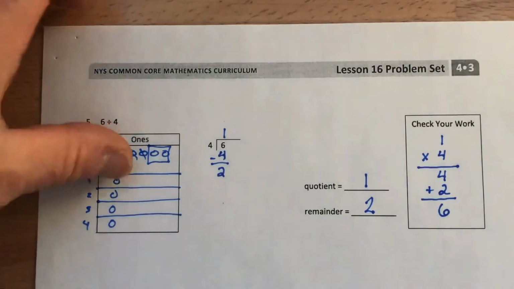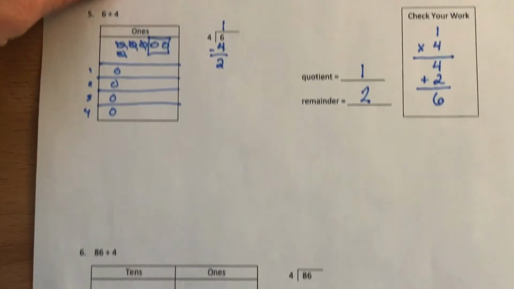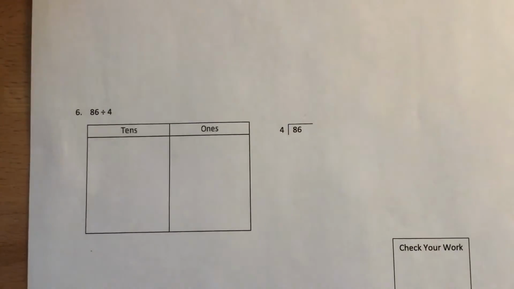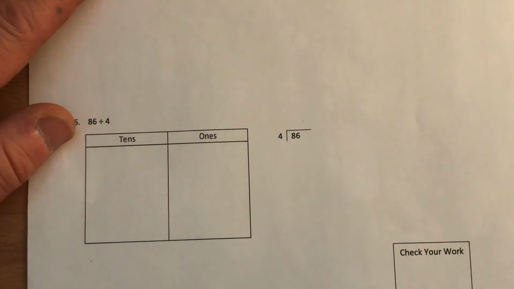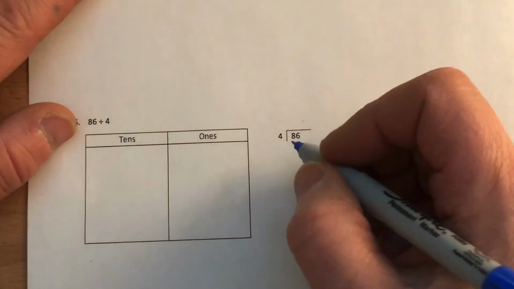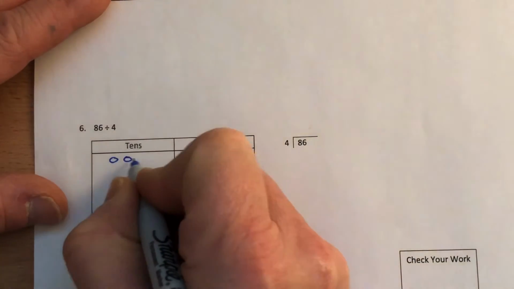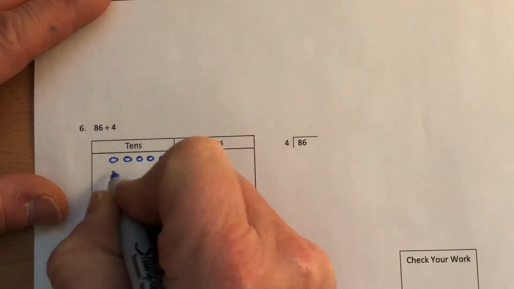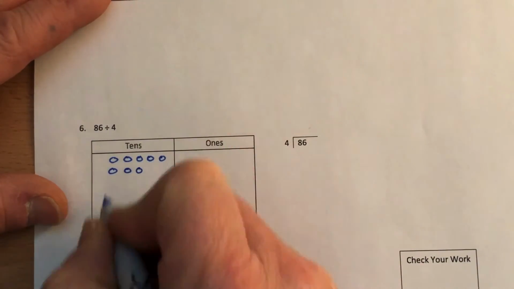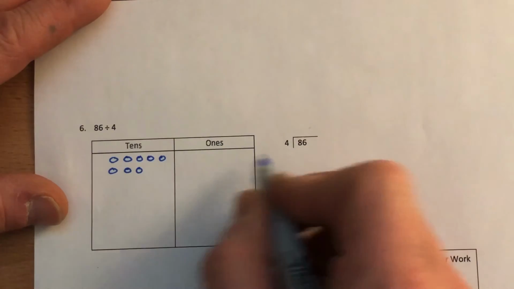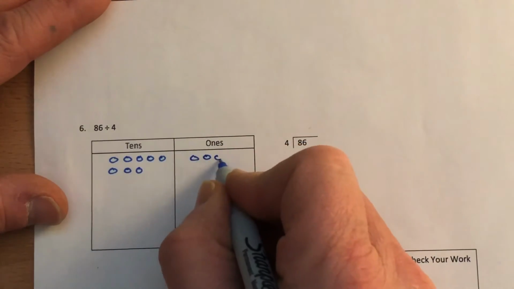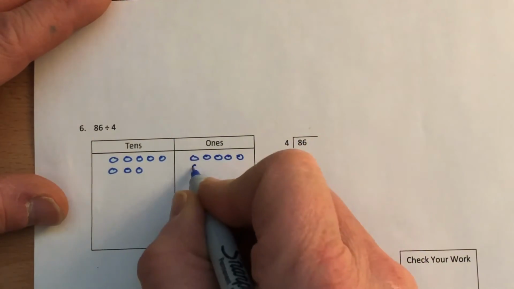Now the one down here is 86. Let's check that out. Okay, so 86 divided by 4. I can do that. Okay, so 8 tens. See the 80 and the tens there? 8 tens. 1, 2, 3, 4, 5, 6, 7, 8, and 6 ones. 1, 2, 3, 4, 5, 6.